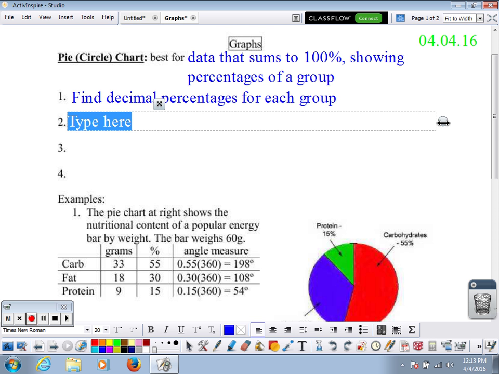Good. So to find the percentage of that 360 degrees, we have a percentage and the word of. What operation does that tell us we should do? Maddie? Multiplication. We're going to multiply the decimal by 360 degrees.